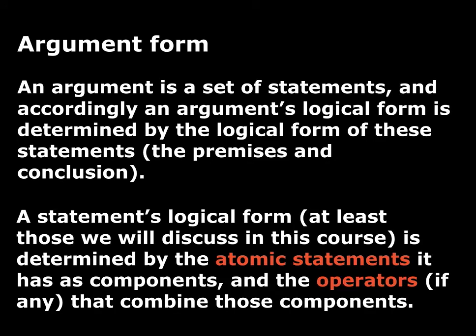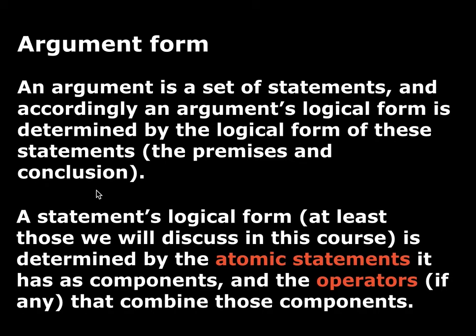And a statement's form, okay, is going to be determined by the atomic statements that it's composed of and the statement operators that are used to build up the compound statement, if it is compound, from the atomic statements. This may not have made a whole lot of sense, but it will shortly.